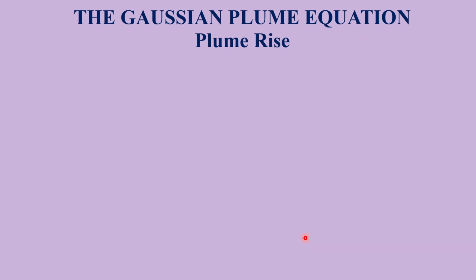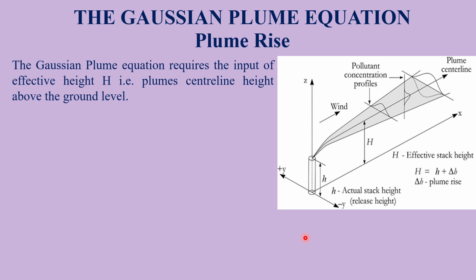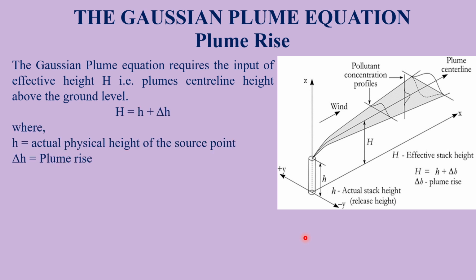Now we already know that the Gaussian plume equation requires the input of effective stack height, that is the plume central line height above the ground. This requires the physical actual height of the source and then the plume rise.